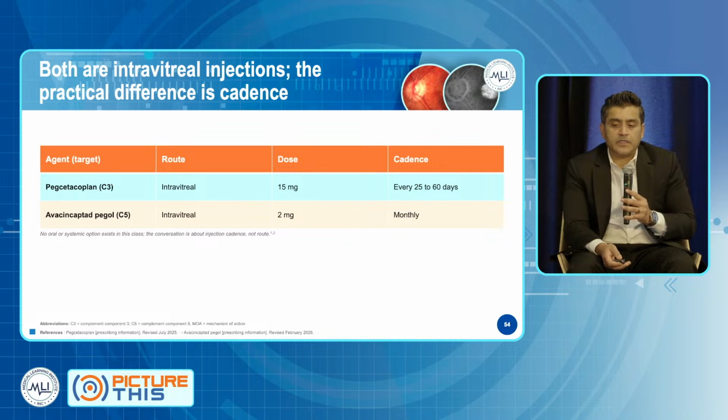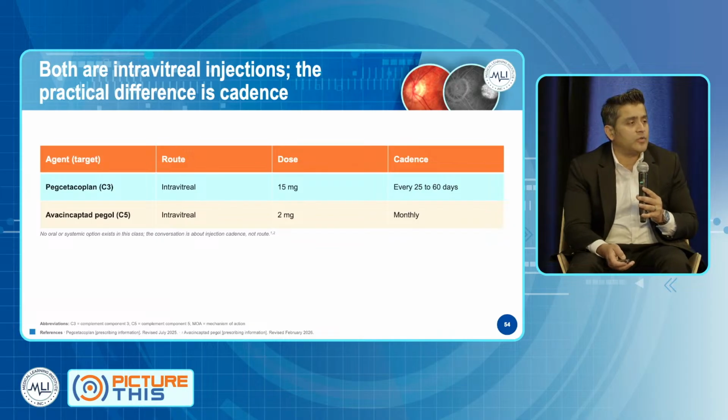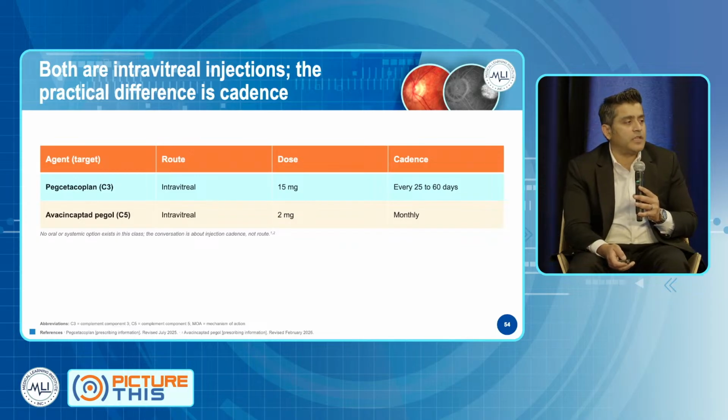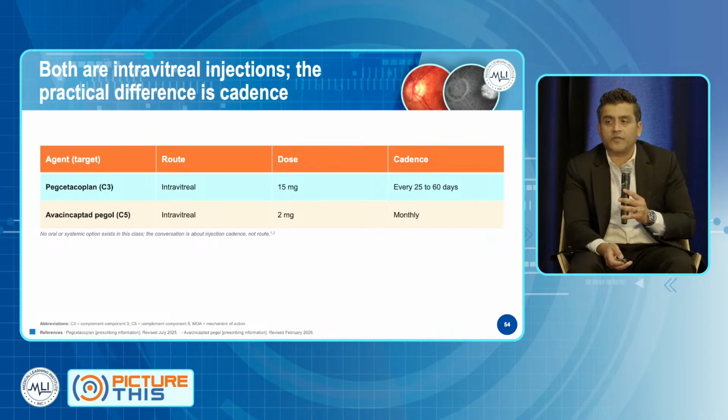And the cadence based on the label for pegcetacoplan is monthly or every other month based on the DERBY and OAKS studies, where we studied pegcetacoplan every month and every other month compared to sham, and looked at the GA lesion growth, as Glenn said, which was the primary endpoint. Because the regulatory agencies understand that BCVA is a very poor marker of geographic atrophy and has variability. So having a structural endpoint for geographic atrophy clearly makes sense.